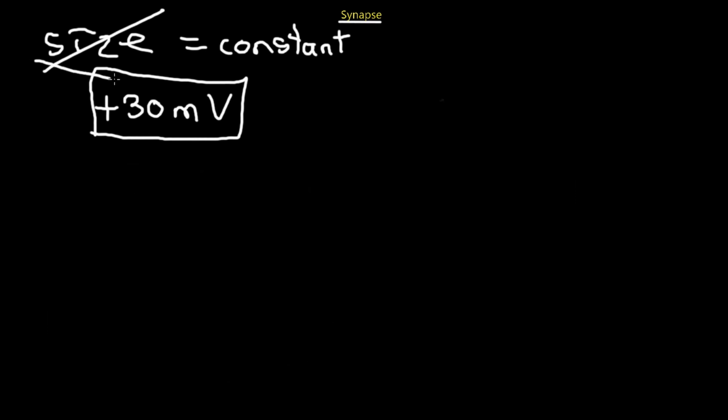So again, size is not going to be a variable because the size is always going to be the same in terms of the action potential. Even if it's bright light or it's dim light, or if it's a hot stove or a cold stove, you're going to perceive the same size of action potentials. They're not going to be the difference that distinguishes these two stimuli.